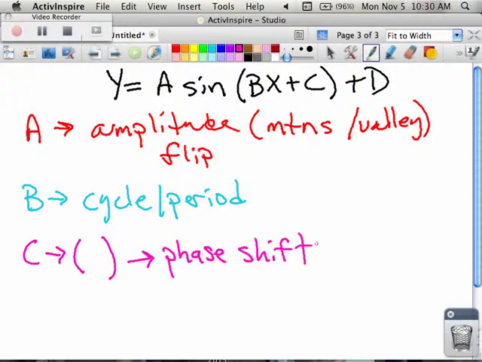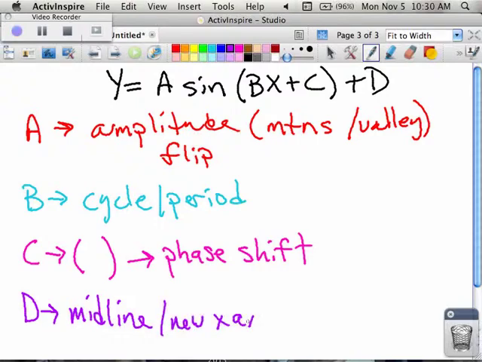If when you set the parentheses equal to 0, you get a number like pi over 3, that means you went pi over 3 to the right. If you get something like negative pi over 6, that means you went pi over 6 to the left. And the last thing that we talked about is the D. And I said the D affected what I call the midline. Or maybe what some people might say is the new x-axis.